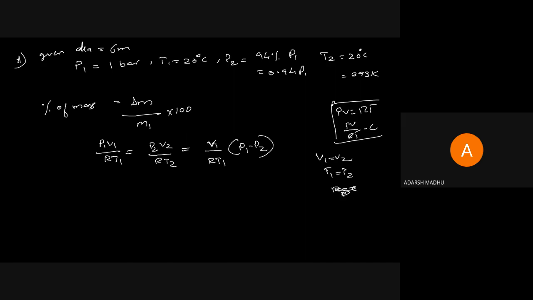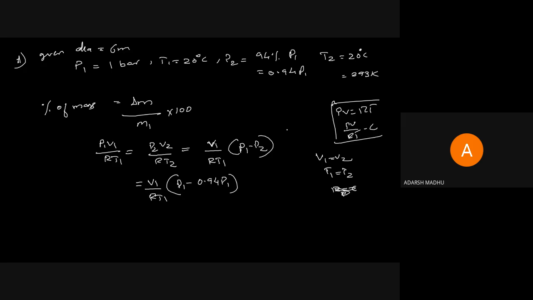So we can take here P1 V1 by RT1 as the constant value. Pressure is the only thing changing, P1 minus P2. P1 minus P2 means V1 by RT1 into P1 minus 0.94 P1, right?